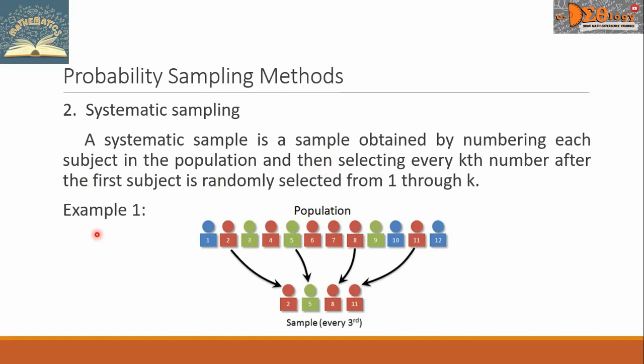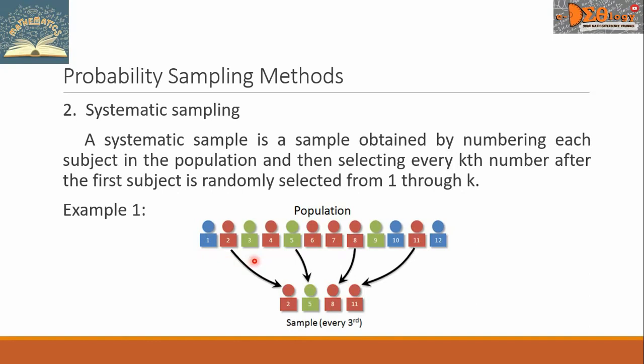Here's example 1. This line here represents the population. The researcher decided to take a sample for every third member of the population. So from numbers 1, 2, and 3, one number is randomly selected.